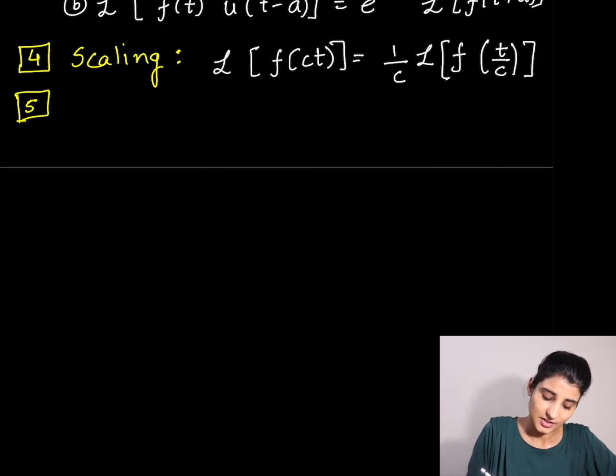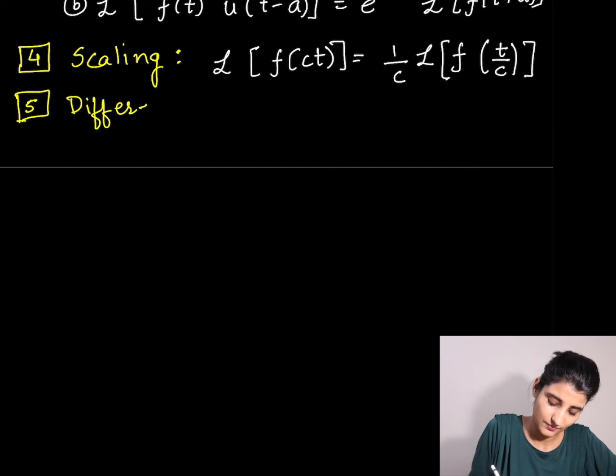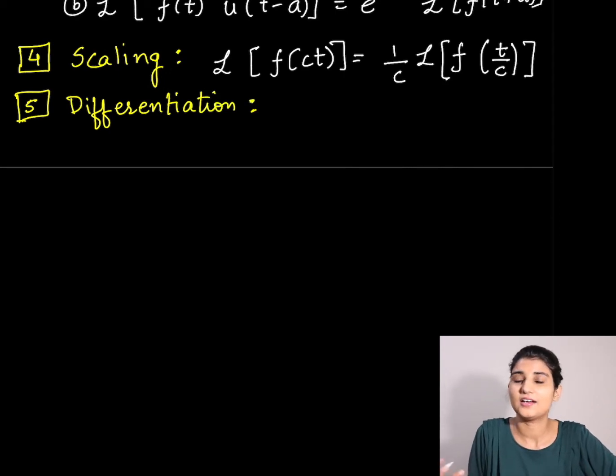The next property is about differentiation. Obviously, we started studying the Laplace transform to solve our ODEs. So there should be something which relates the Laplace and the ODEs, right? So here we are going to relate the Laplace and the ODEs.